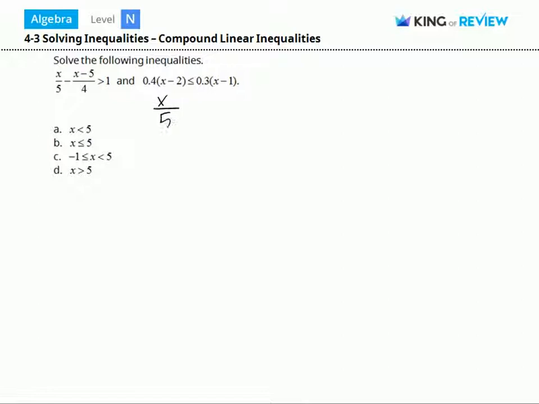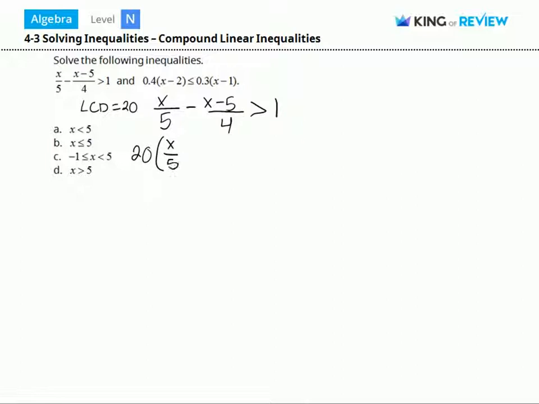We have x over 5 minus (x minus 5) over 4 is greater than 1. Let's start by multiplying everything by the LCD. The LCD here is 20. So we'll multiply the left side of our inequality by 20 and the right side by 20.